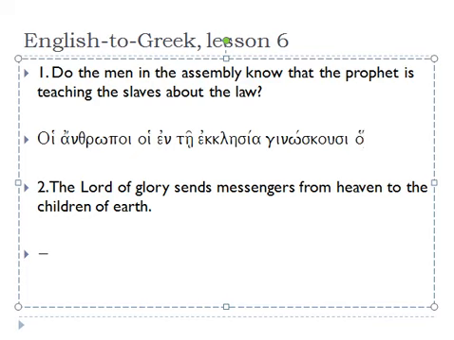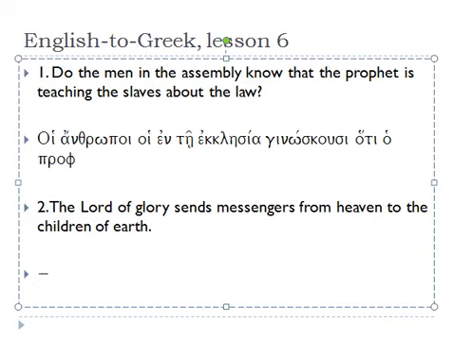Do they know that the prophet? Obviously, hoti is what we're looking for, giving the content of what is known. The prophet is teaching the slaves about the law. The prophet is the one teaching, so we want the prophet in the nominative case: ho prophetes.